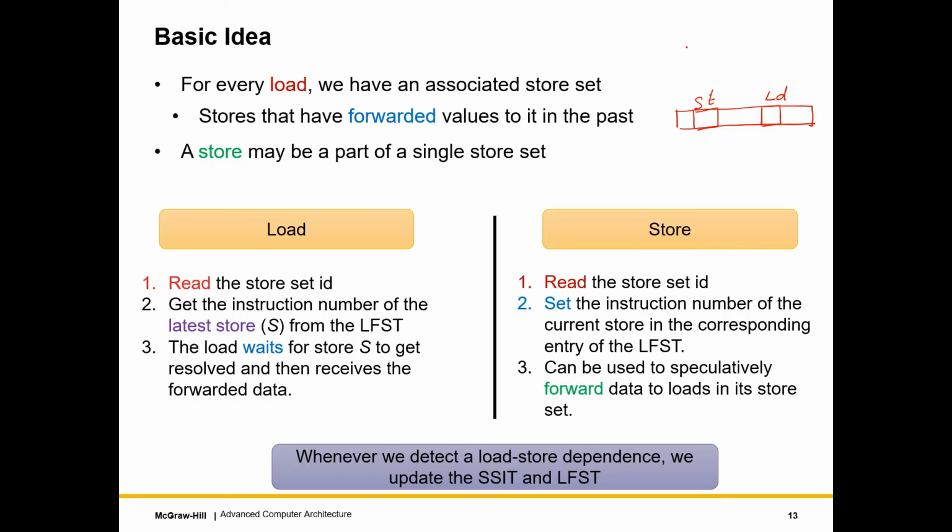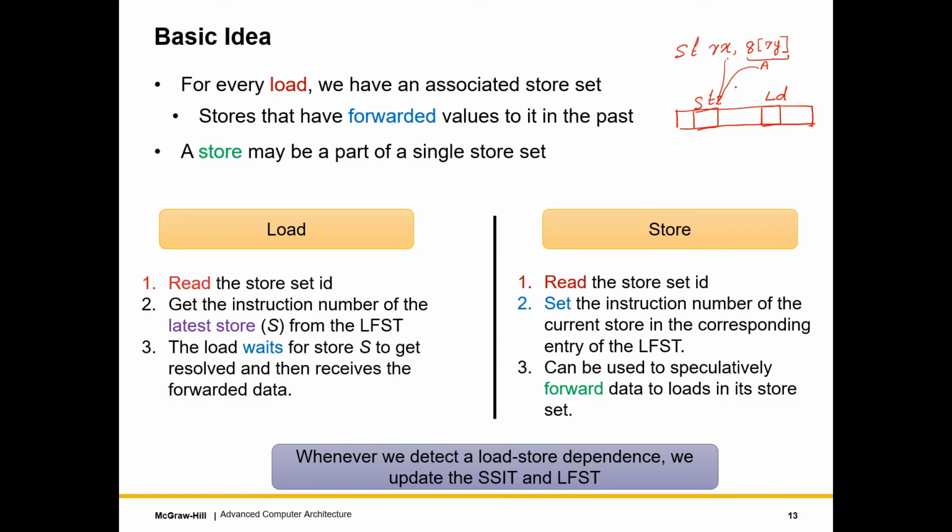A store instruction will be, let's say, of this type: store Rx, some offset, let's say 8, RY. So what we will do is we will read Rx and RY, both from the register file roughly at the same time, and then we will add 8 to RY, that will give us the address of the store, and we will write both the values, which is the resolved address as well as the value that needs to be stored, at the same time.